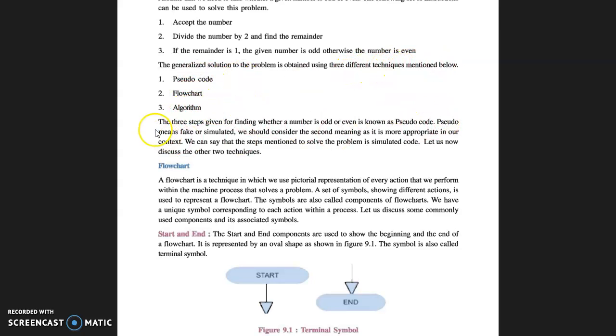What is meant by pseudocode? Pseudocode means fake or simulated. We should consider the second meaning as it is more appropriate. Underline this line. We can say that the steps mentioned to solve the problem are simulated code.